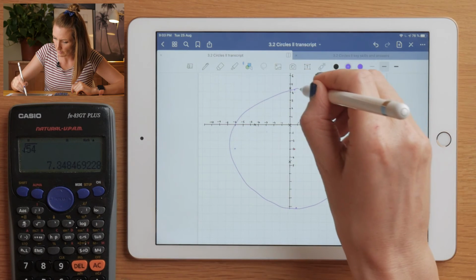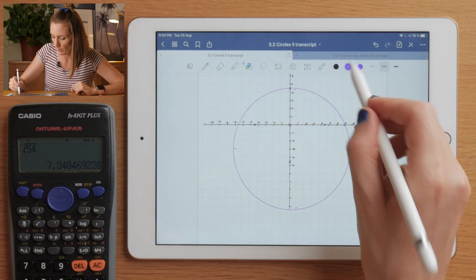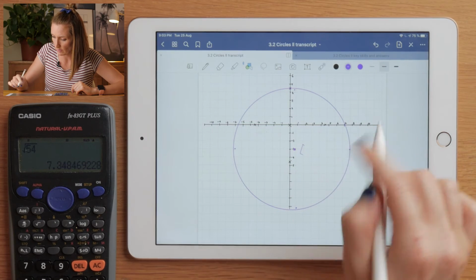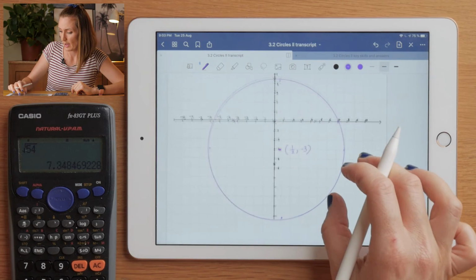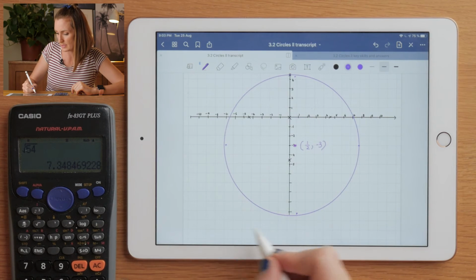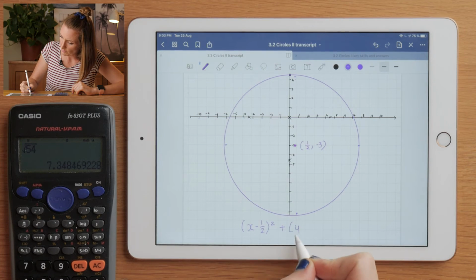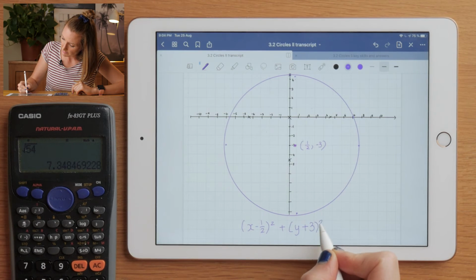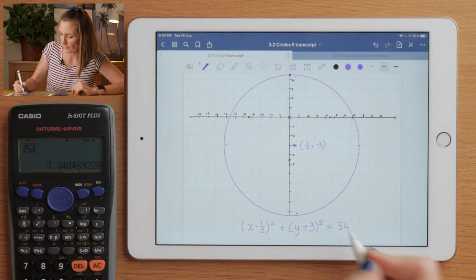Then you could join them up together. I would definitely make sure that I was labeling the center of that circle clearly. And you can always write the formula here on the outside, like (x - 1/2)² + (y + 3)² = 54.